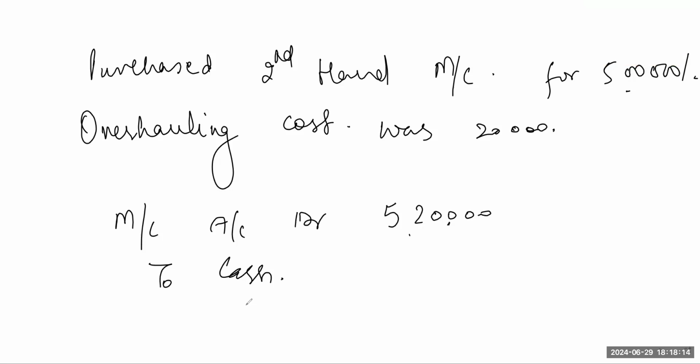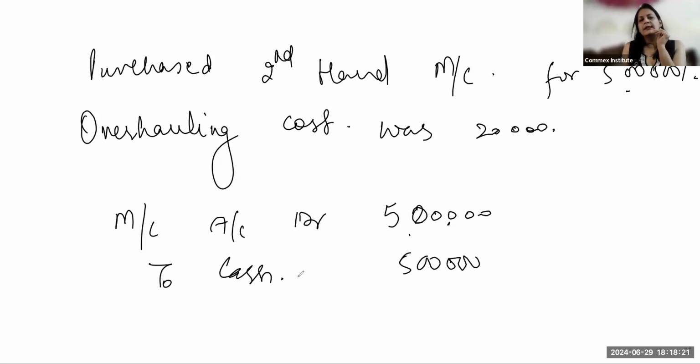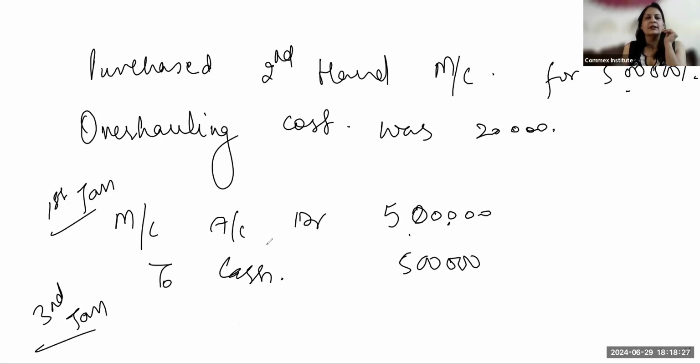But suppose this second-hand machinery is there. Say on 1st Jan, I purchased it. On 3rd Jan, the engineer came for installation and he did overhauling, the major repairs. He did that, and his wages, the total bill was 20,000 rupees.